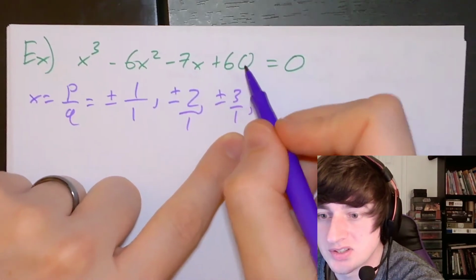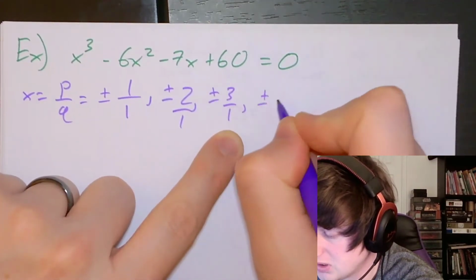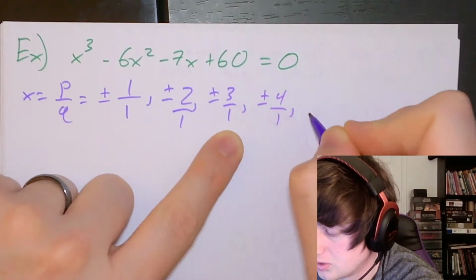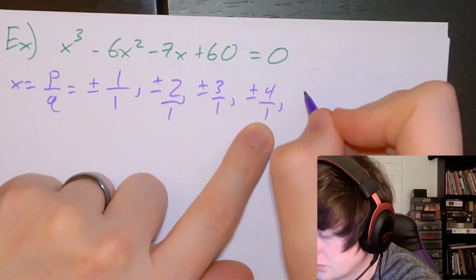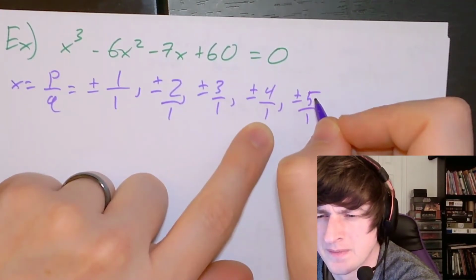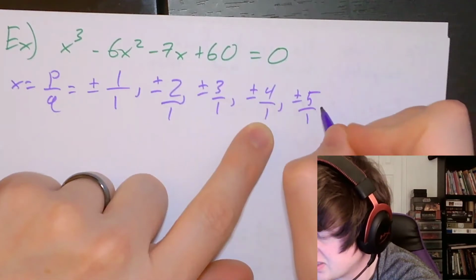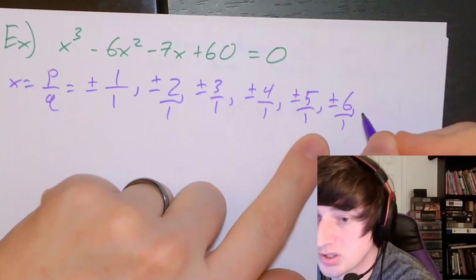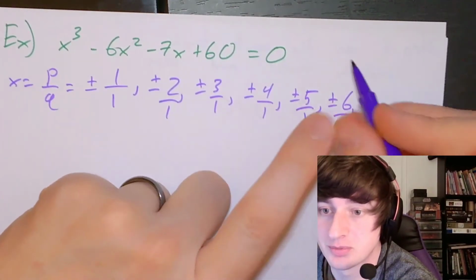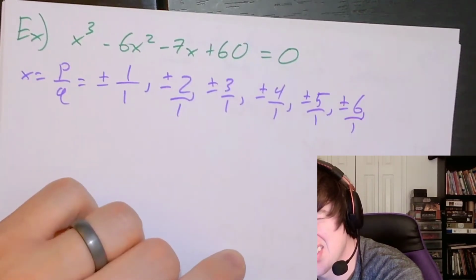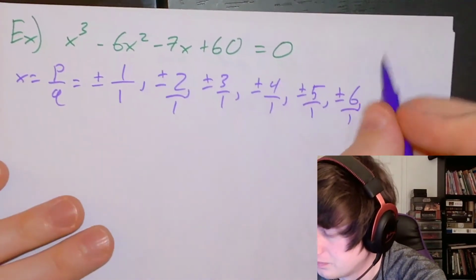We can divide 60 by 4. We get 15. Divide 60 by 5, we get 12. Divide 60 by 6. There's going to be a lot of these. Lots of numbers multiply to make 60. Not 7, not 8, not 9, 10.